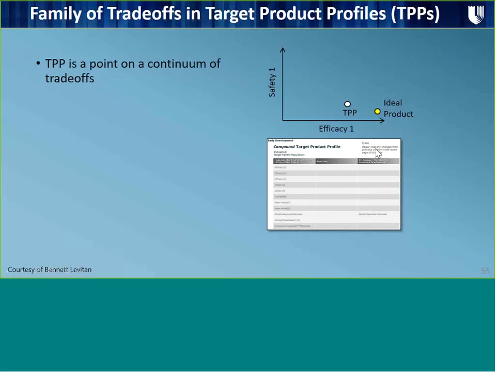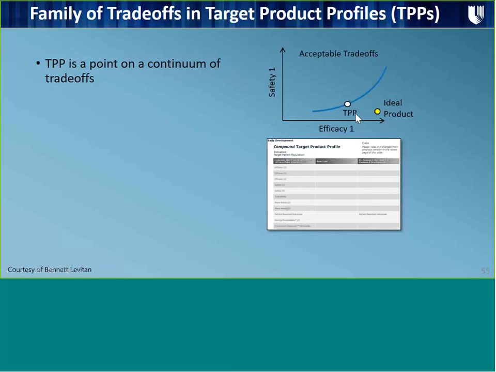As it relates to the TPP, it is often assumed that the company should consider a single target product profile, and it may be known or understood that that profile would be associated with a specific level of safety and efficacy.